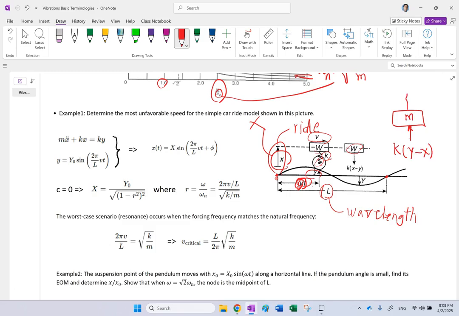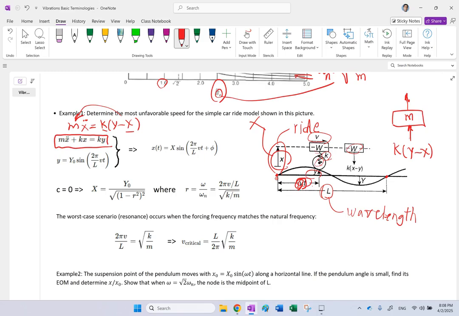And so, since x is in this direction, you're going to get m x double dot equals k(y minus x), correct? So this negative kx, you bring it to this side, and ky you keep to the other side, and so you get this governing differential equation for the system.